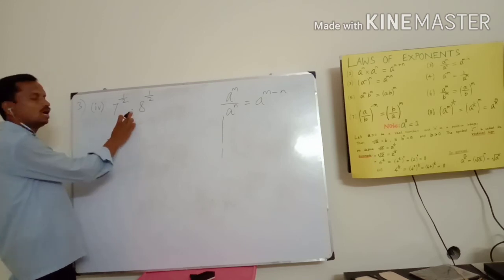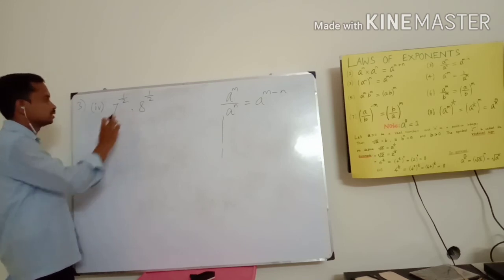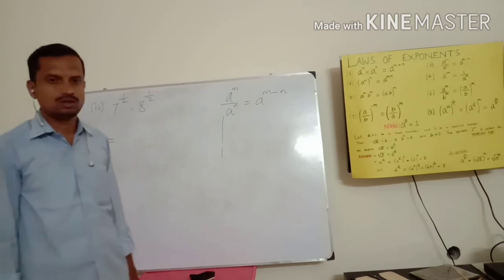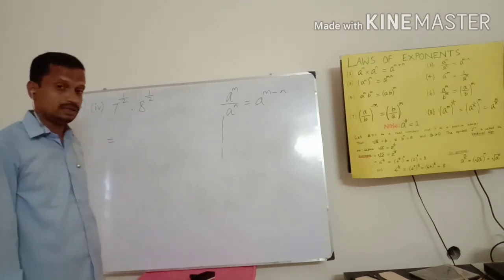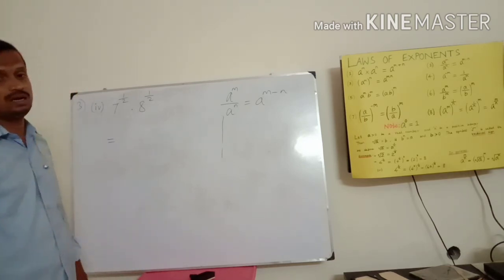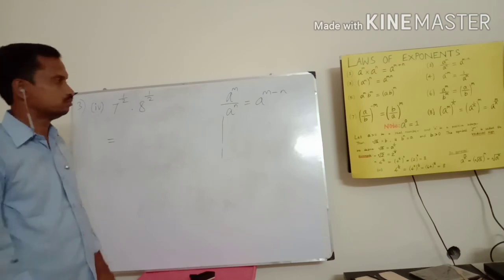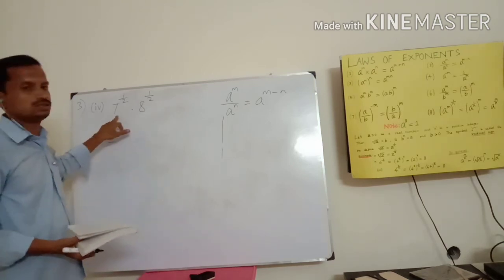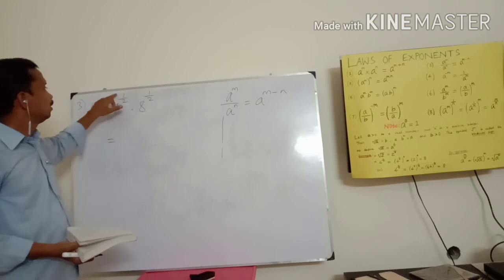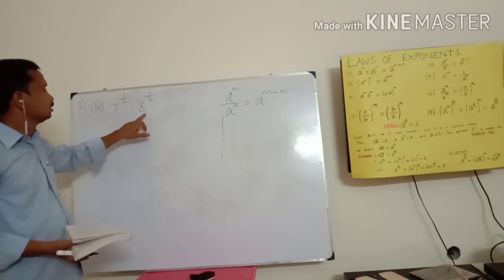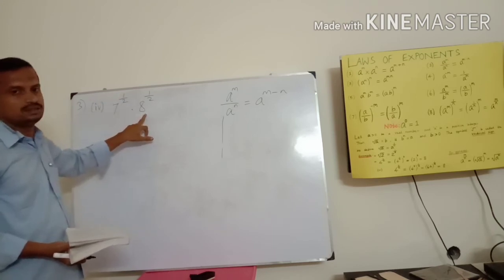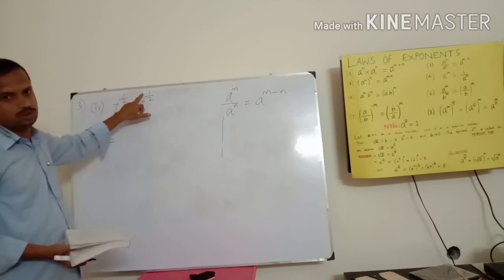So here this dot represents multiplication. Please notice that the bases are different, the exponents are same. Here the base is 7, the exponent is 1 by 2. Here the base is 8, the exponent is 1 by 2.